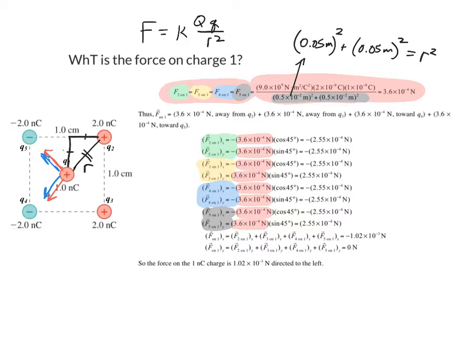Root 2 over 2 is 0.707, yeah, the root 2 is 1.41. So notice that all of the magnitudes are the same. Surprise, surprise. It has to be that way since the magnitudes of the force are the same, and since the angles are all the same, in particular the 45 degree, we get one answer.